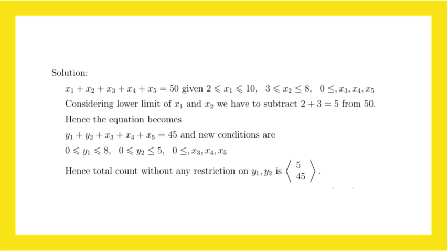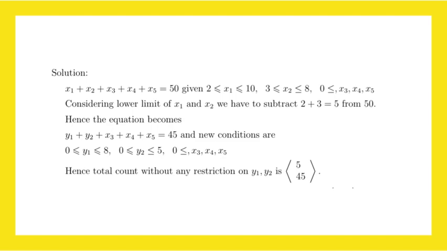Now it can be visualized as, suppose we want to buy 50 ice creams of 5 flavors and somebody has said that I want 2 ice creams of this flavor and somebody else has said I want 3 ice creams of this flavor.